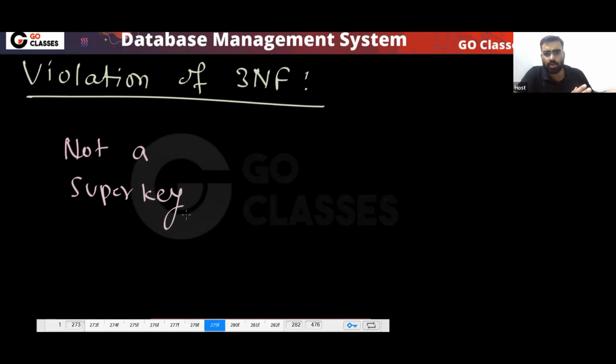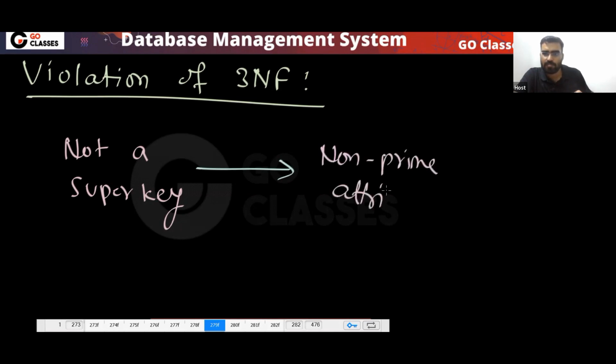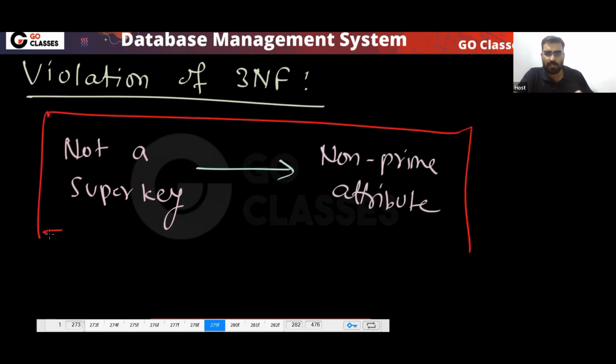If something is not a super key, can it be a candidate key? No. So this is the violation. Remember, violation of 3NF will happen when not a super key implies non-prime attribute. That's it. It is very easy to check, yes or no?